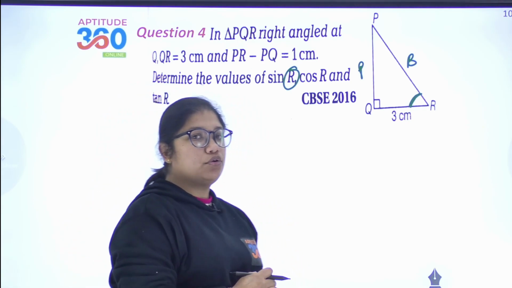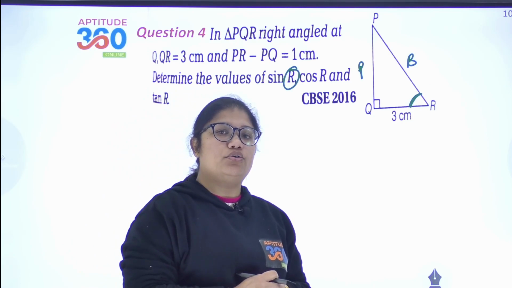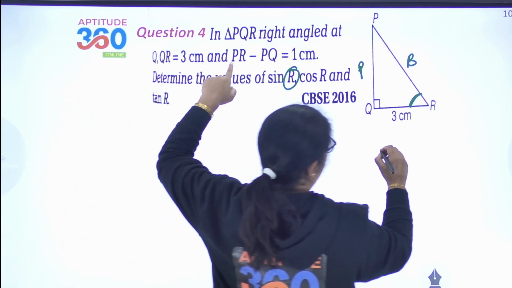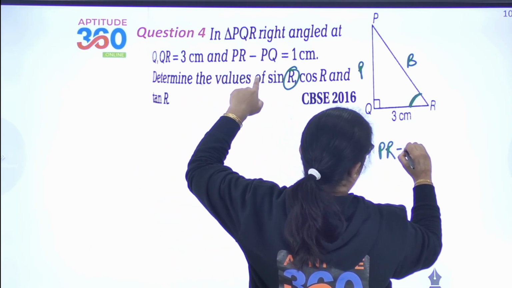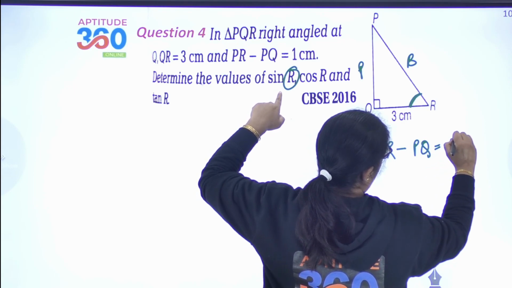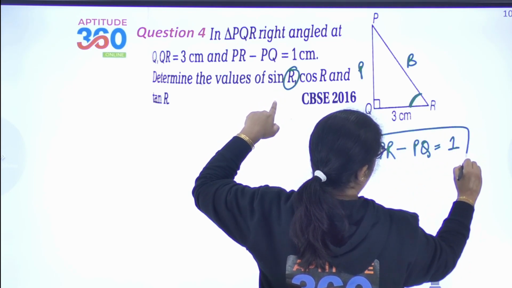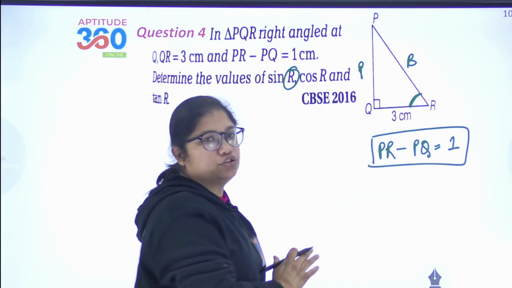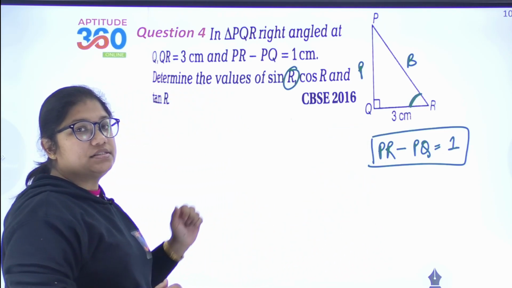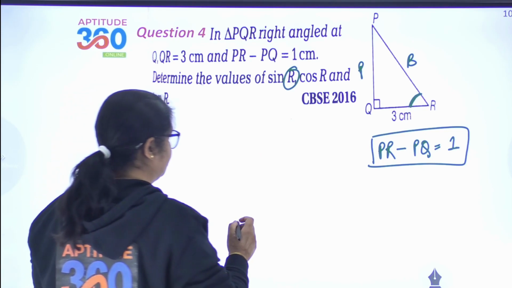So I am going to apply Pythagoras theorem to see if I can find something, because I have one relationship between 2 sides which says PR minus PQ is equal to 1. So let me see if I can use this equation to find the missing 2 sides of the right angle triangle.